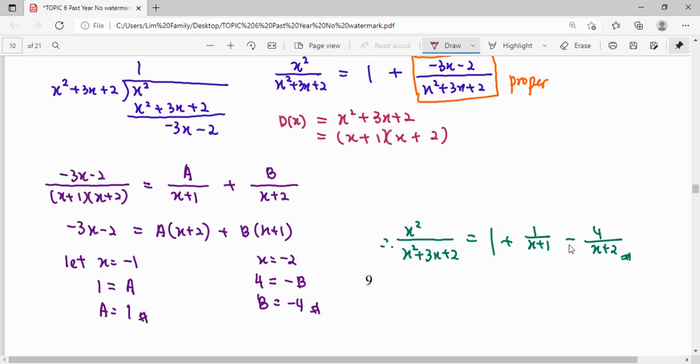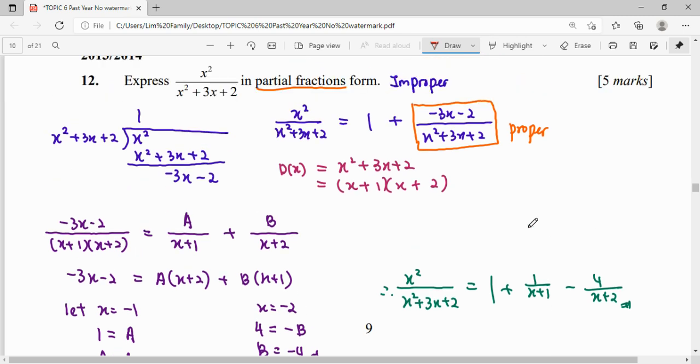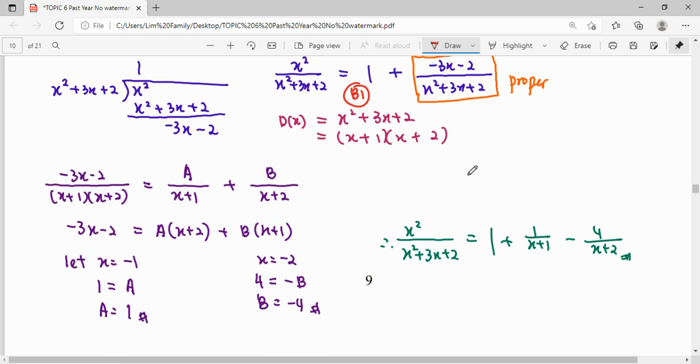So what is very important here for the first one, of course, will be our first step, identify the improper fraction and do the long division in order to get back the proper fraction. So this is our basic. For the blue color here, this is our basic, doing long division to write in the remainder form. And then here will be our concept, how to split out our factor and apply our a and b.